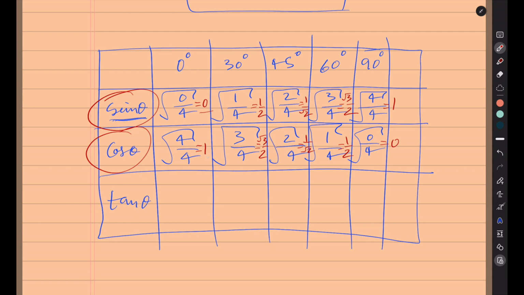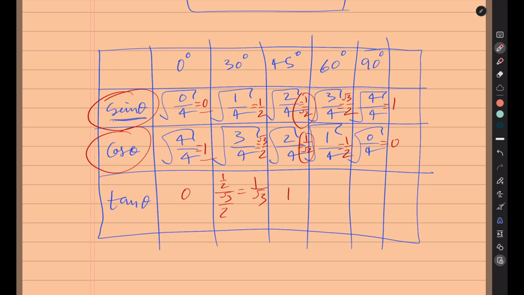So 0 divided by 1 will be 0. Here 1 by 2 divided by root 3 by 2 is equal to 1 divided by root 3. For 45 degree, it is 1 by root 2 divided by 1 by root 2. That will be 1, isn't it?